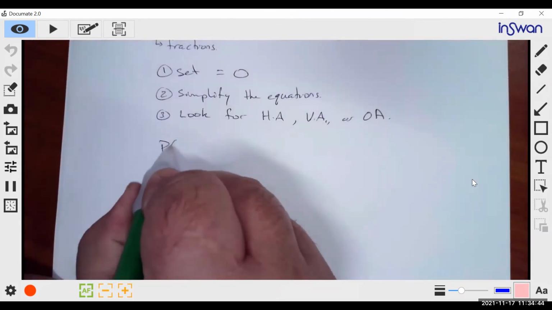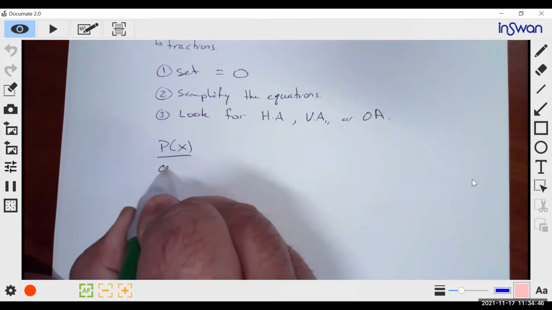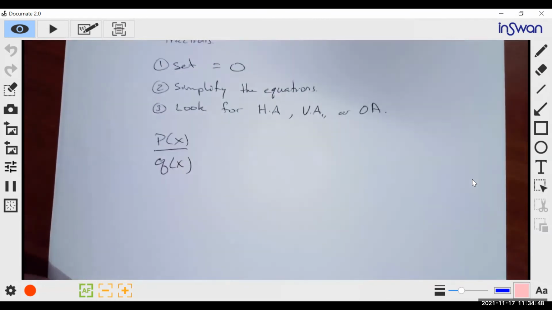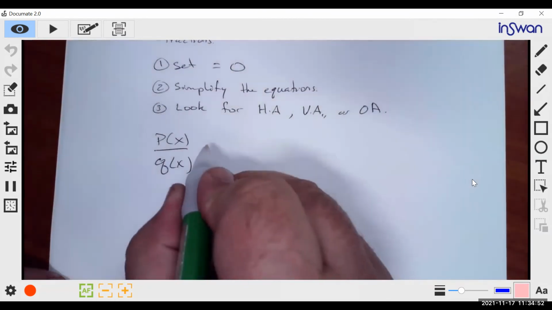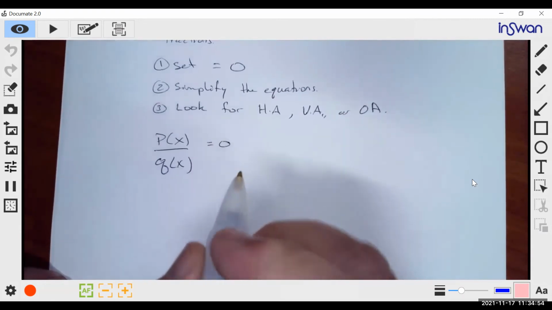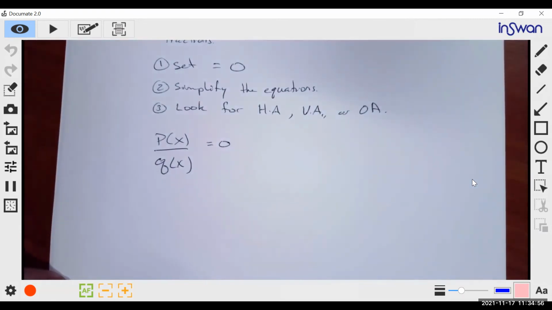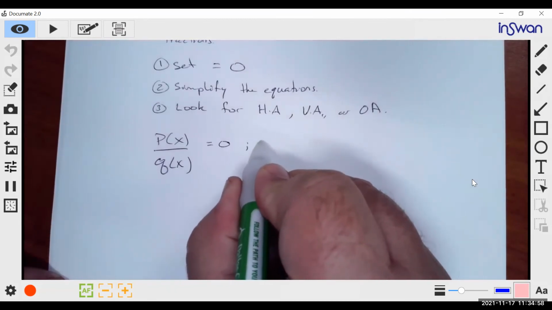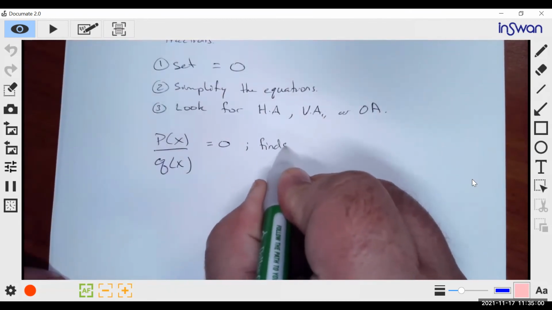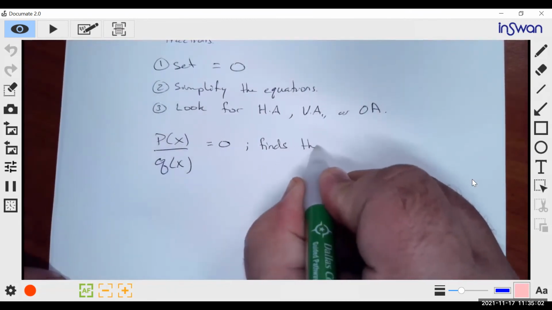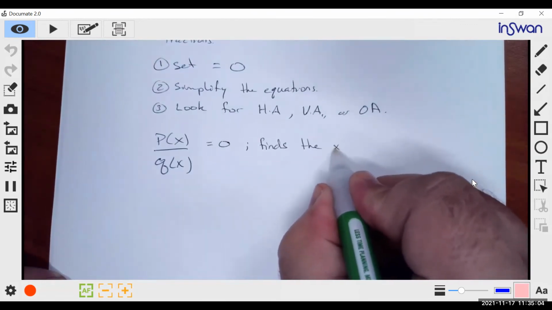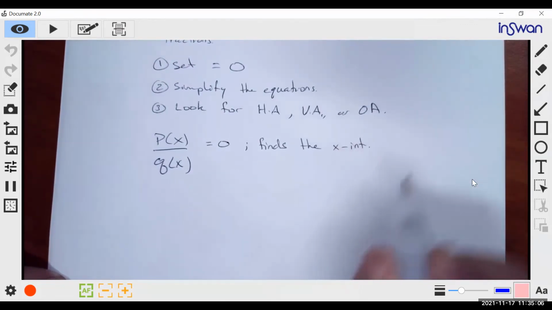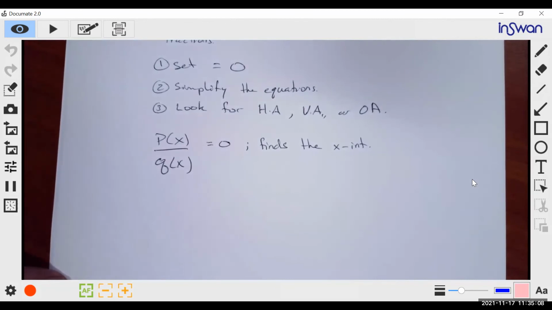So what we're going to end up with is 2 polynomials. If you set the top equal to 0, what does that give you? What does that find for you? That finds the x-intercepts.